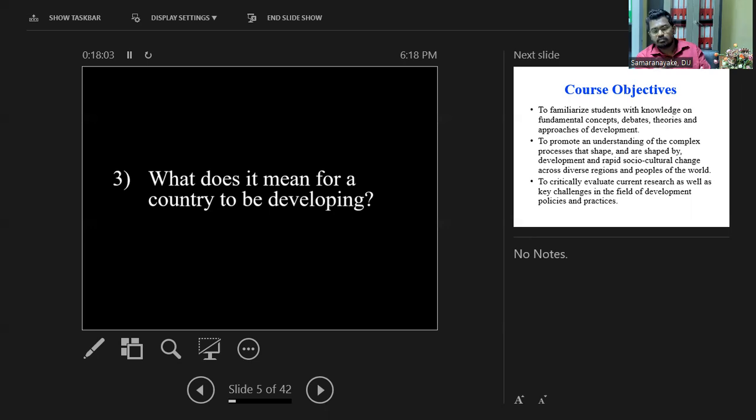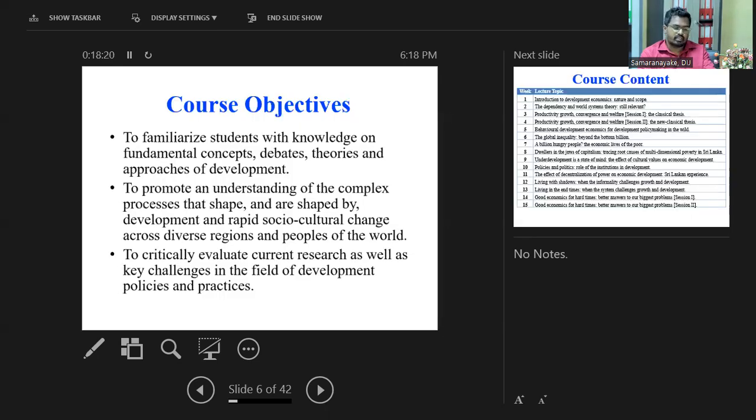And here is the best place for us to discuss the problems, how we could find answers, and what we could do for Sri Lanka, right? So first I will go through our course objectives.